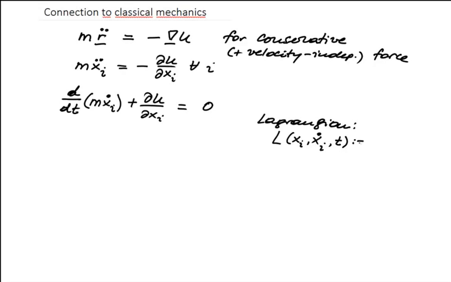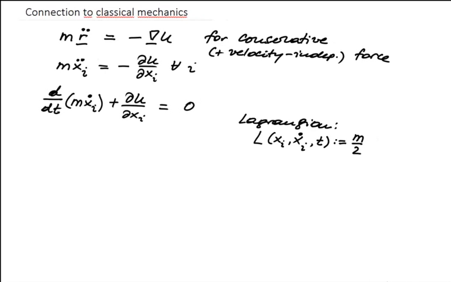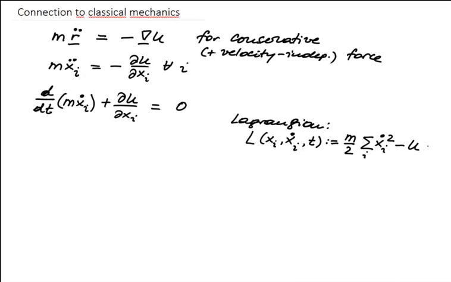And I define it in the following way. It's m half sum over i xi dot squared minus the potential U, which depends on position and might depend explicitly on time. So this is a new function that I would like to introduce, and I call it the Lagrangian, or the Lagrange function.